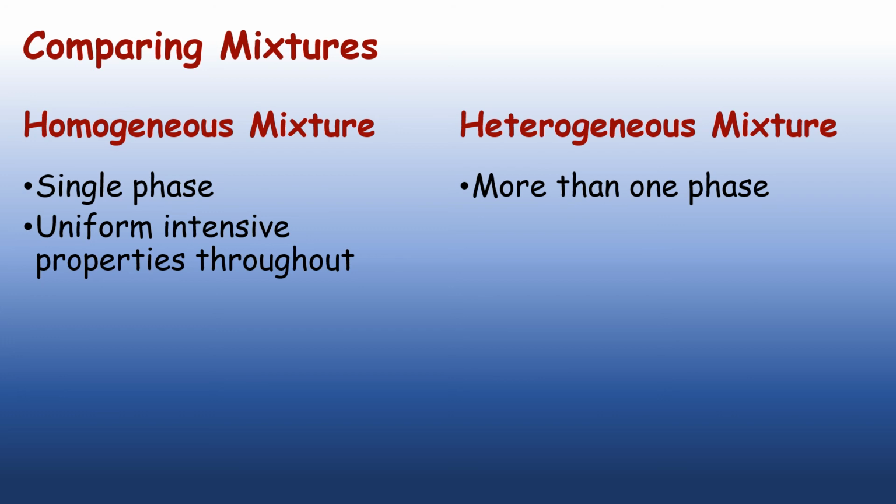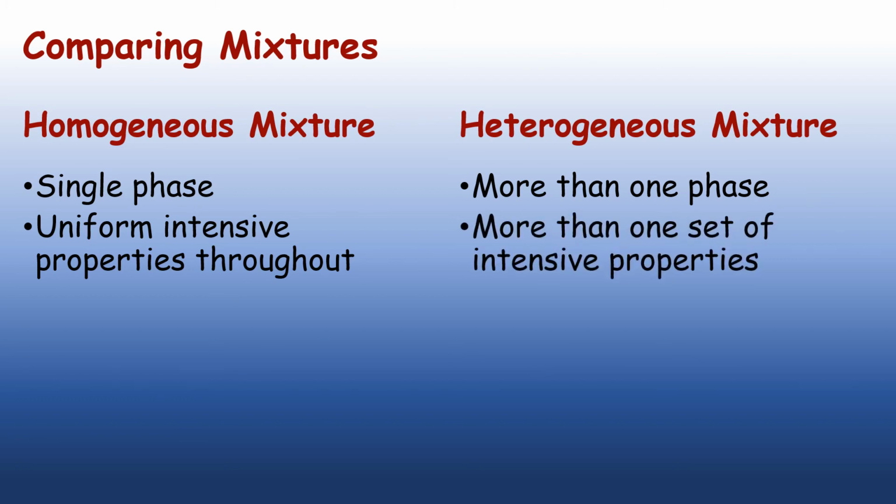Homogeneous mixtures have uniform intensive properties throughout. This means that the boiling point or the average boiling point at one part of the solution is the same even if you go to the other parts of the solution or the mixture.